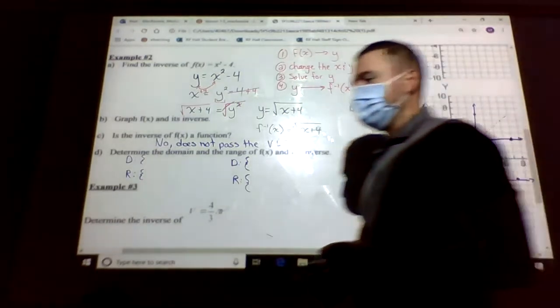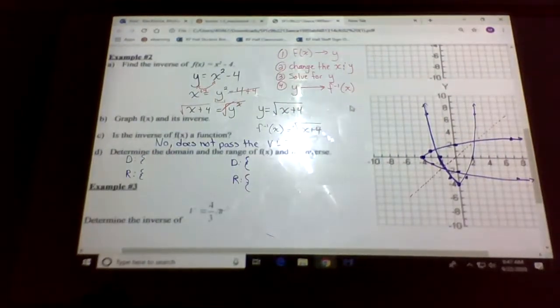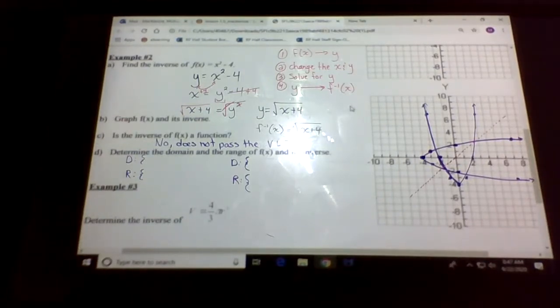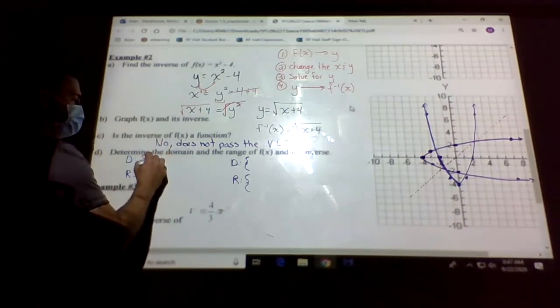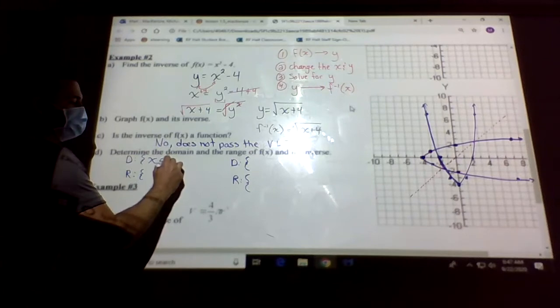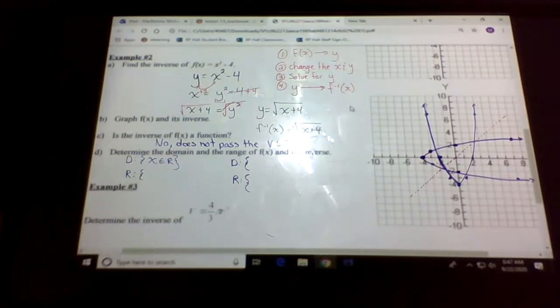Okay, so let's do the domain first. So for the parent function, a quadratic, domain is what? Domain. Artemis? x ∈ ℝ, excellent. Always, for quadratic, it's always x ∈ ℝ. And if for some reason it's a real life question, then it will have restrictions.